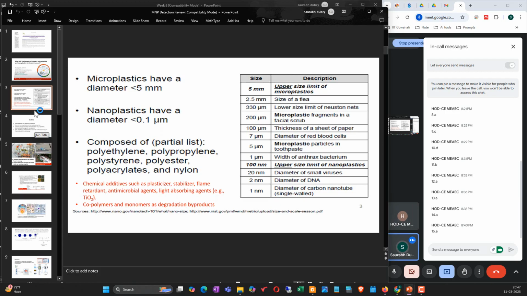Using that they are detecting, but currently in 2025 there is still no such device which is handheld, very small, that can be carried to the remote area, and that can detect the micro and nanoplastic very efficiently in complex samples.